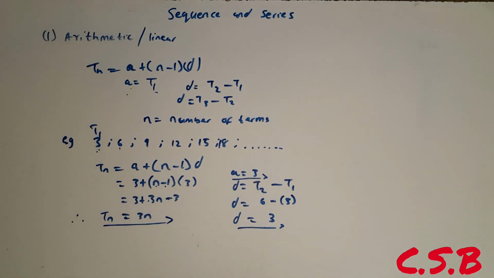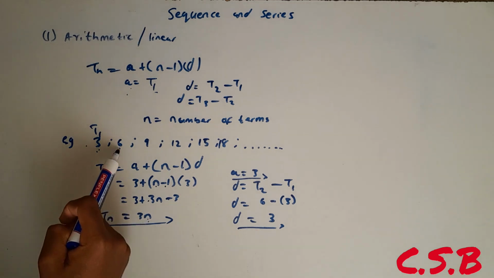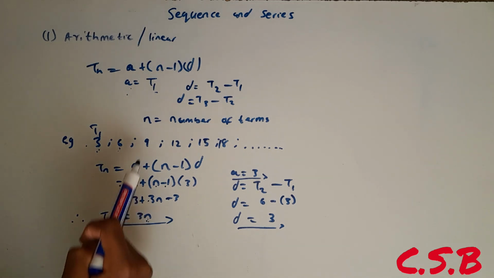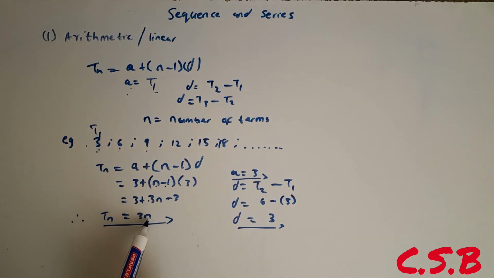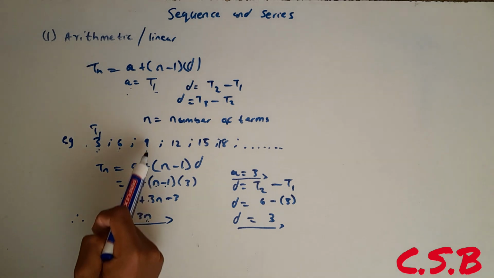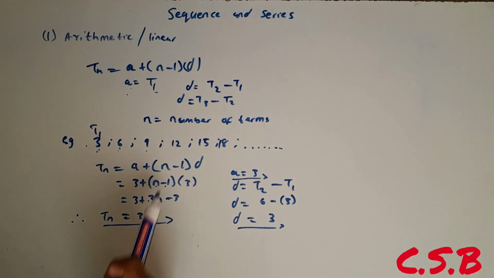If you want to check if the equation is correct, you could substitute. If you put 1 here, you must get 3. If you put 2, you must get 6. If you put 3, you must get 9. If you put 4, you must get 12.